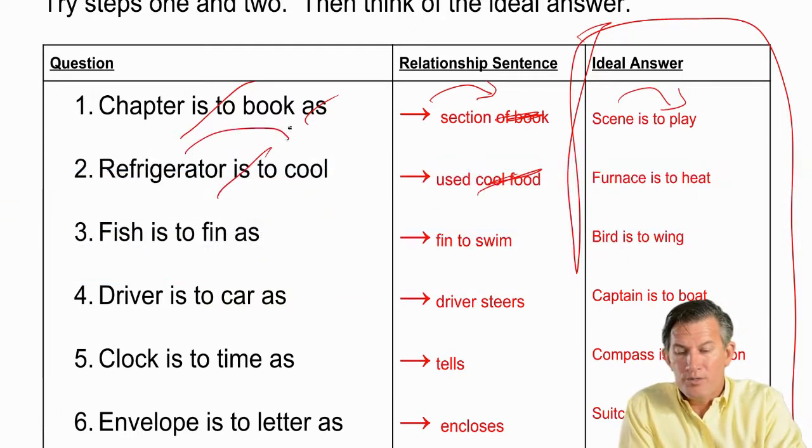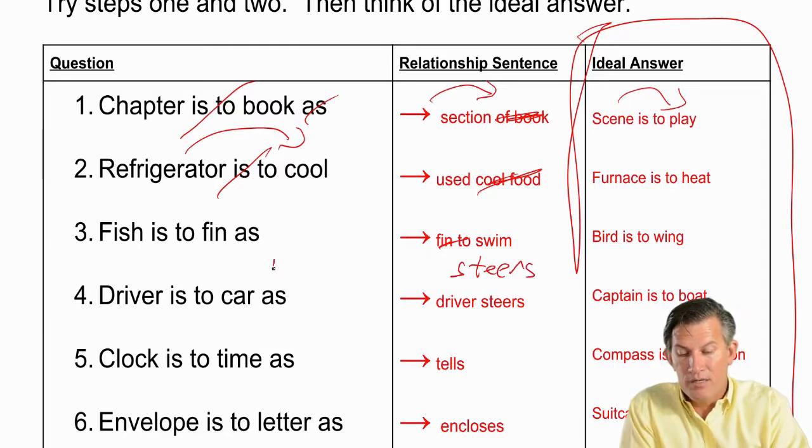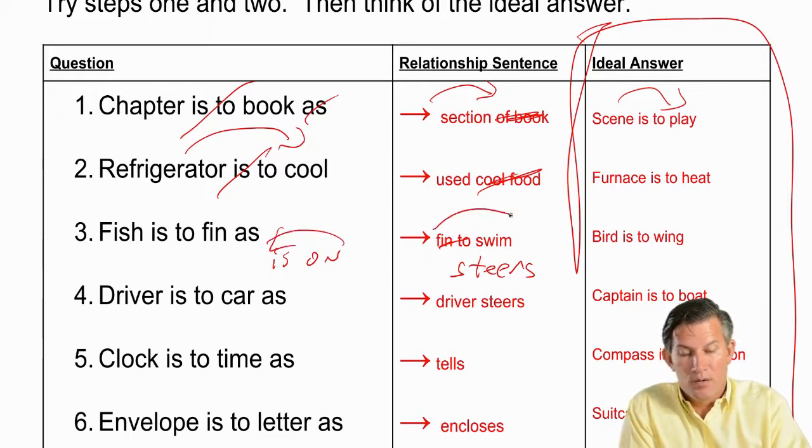A refrigerator is used to cool. A fish uses a fin to swim, or steers with its fin, or a fin is on a fish. Either this or this.